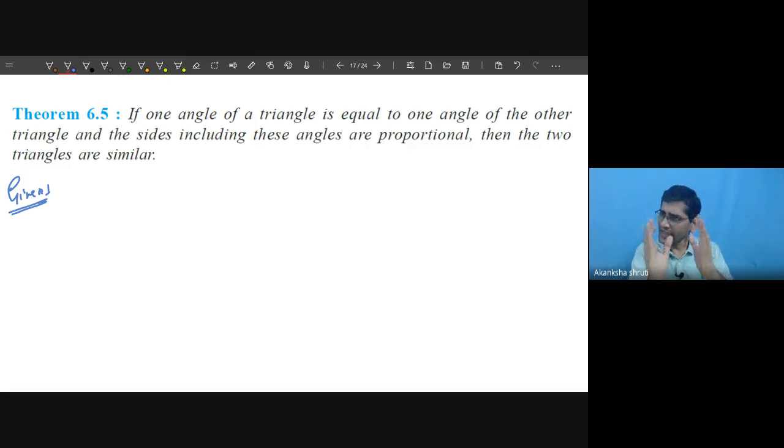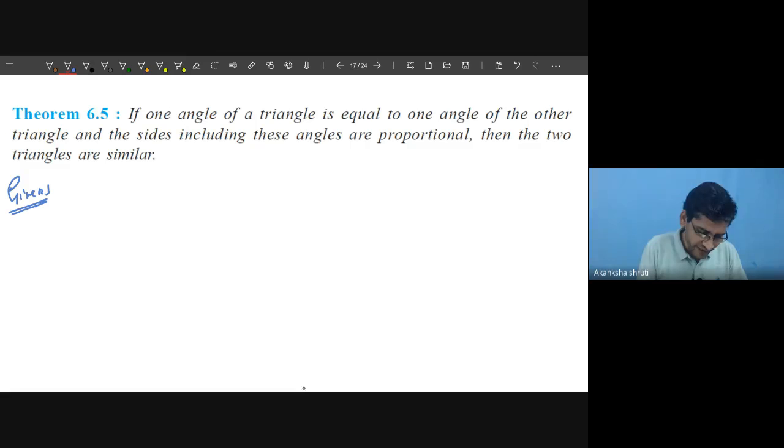So two angles equal will not be the given condition. It could be only one. Two angles equal is the same as AAA. So one angle is equal and the other two sides are proportional. But here the condition is that the angle which is equal should be included between the sides which are proportional.